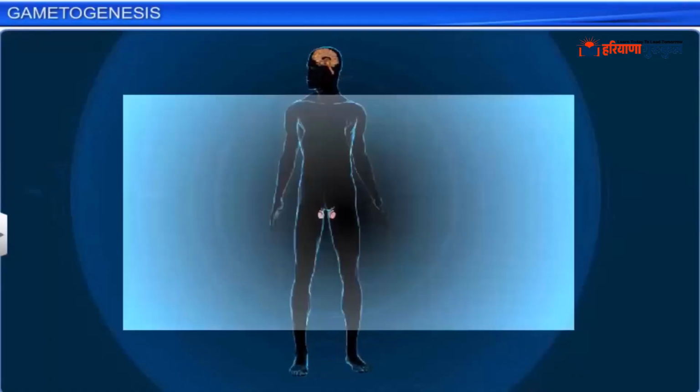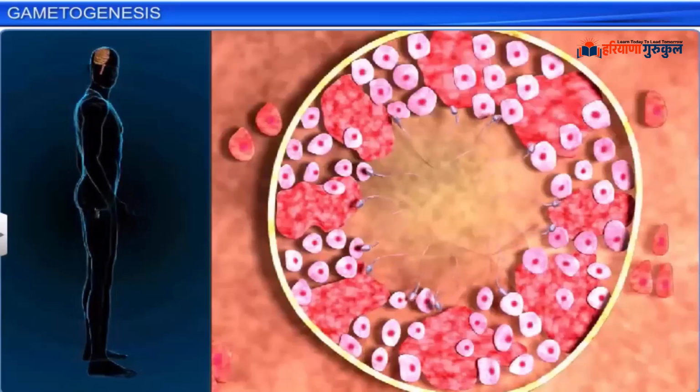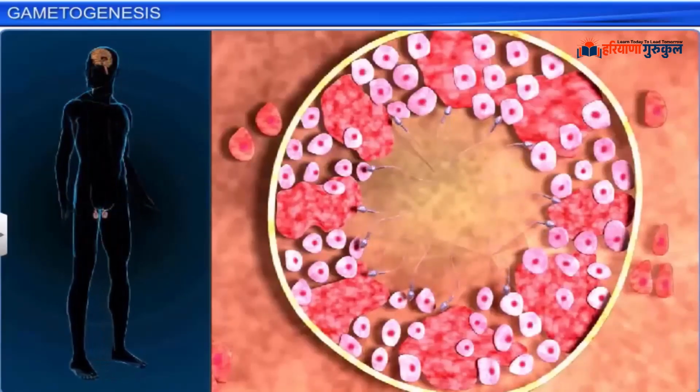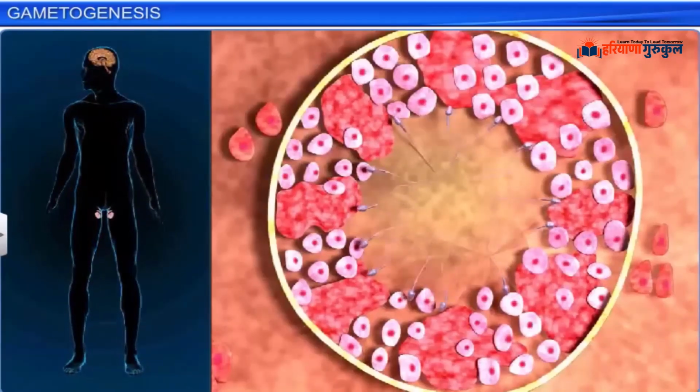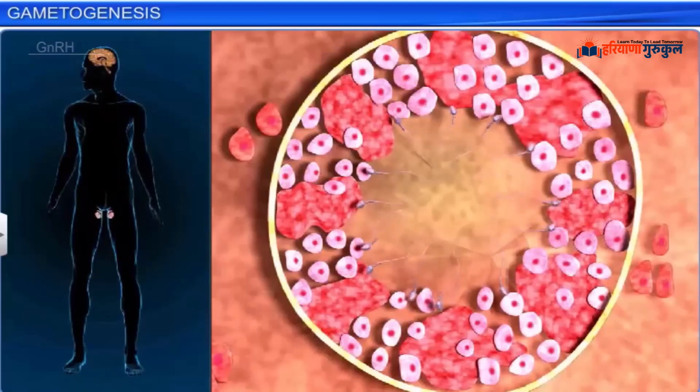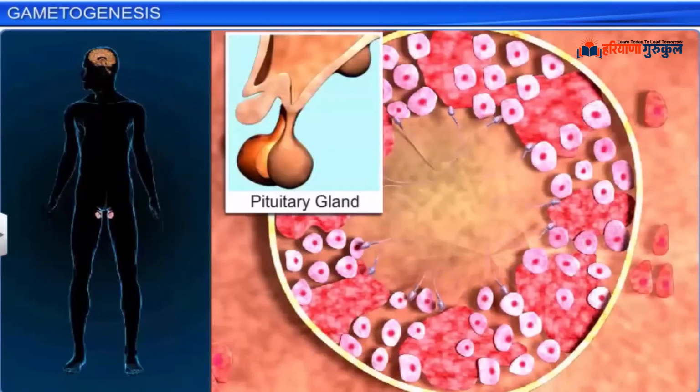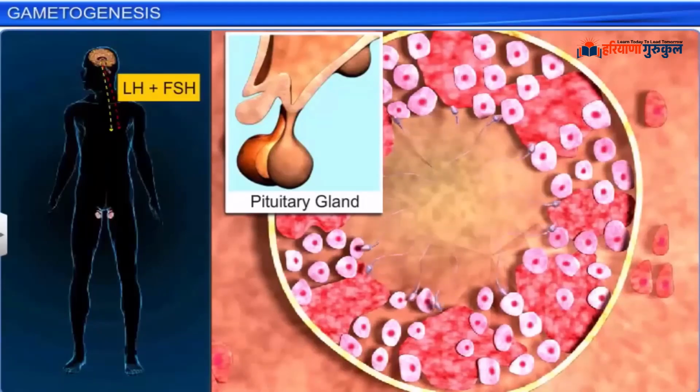The formation of sperm is triggered when the hypothalamus secretes high levels of gonadotropin-releasing hormone, or GnRH. This GnRH acts on the anterior pituitary gland and stimulates the secretion of luteinizing hormone, or LH, and follicle-stimulating hormone, or FSH.